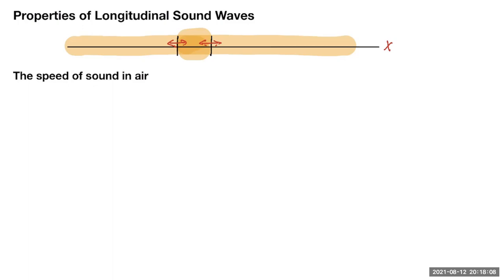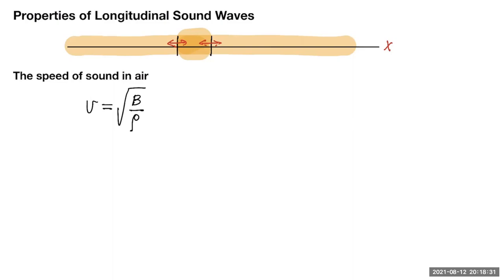Now, let's look at some examples of the speed of sound. The speed of sound, the general formula, as we saw in the previous lecture, was given by v equals the square root of B over rho. B is the bulk modulus, and rho is the density of the medium.